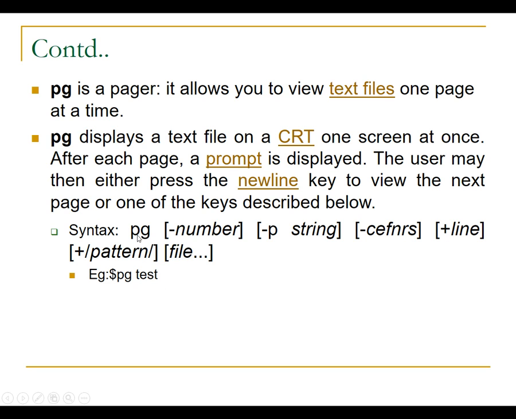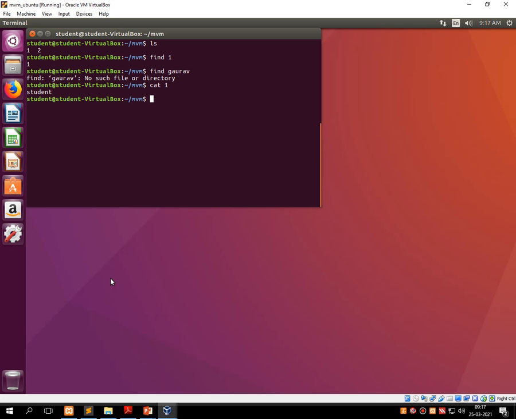The syntax of pg command is pg, then give the page number, then the string, then the line, and then the pattern, just like that. Suppose I am typing pg 1. What it prints?